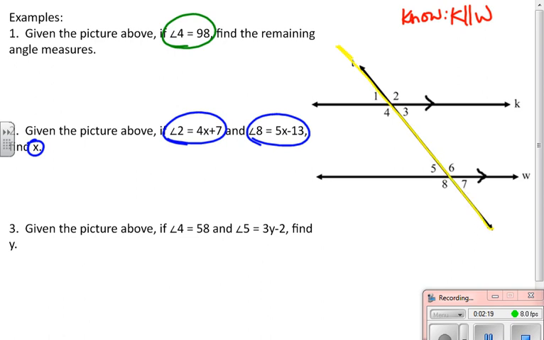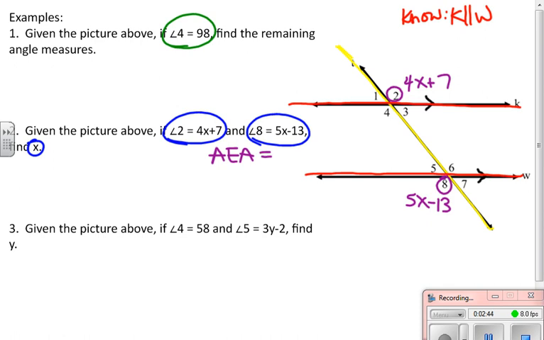Here's my transversal. Here are my parallel lines. What is going to be the relationship between angle 2 and angle 8? Is it going to be equal or supplementary? Well, angle 2 and angle 8 are alternate exterior angles. So if this is 4x plus 7 and this is 5x minus 13, alternate exterior angles are equal.